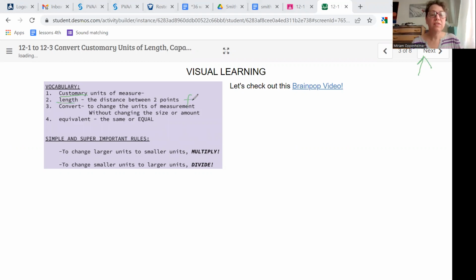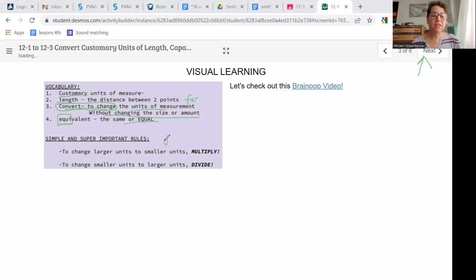You know this, length is how far. Convert is to change. That's important. Change the units of measurement. Don't change the size or how much it is. Equivalent, I see the word equi, it means equal.